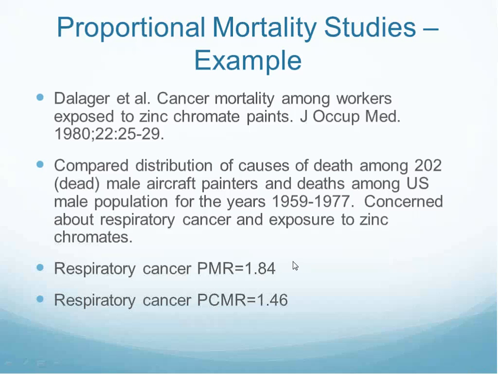So that's another detail I didn't want to go into in too much detail today, but it is a very important aspect of these studies to think about the probability of chance. And the cancer-specific mortality ratio was 1.46 in this case. So again, proportional mortality studies are very common in the occupational epidemiology literature.